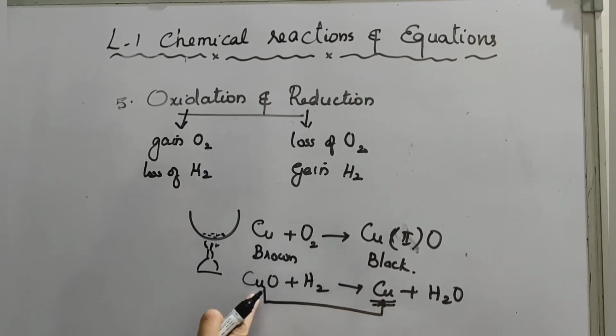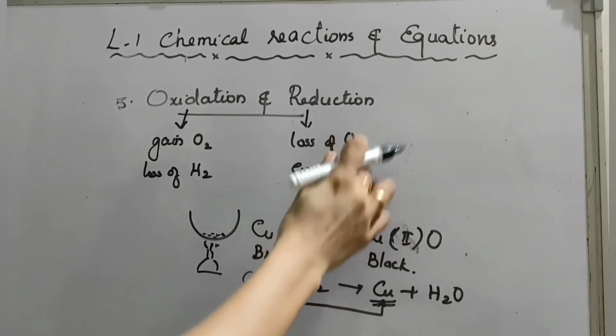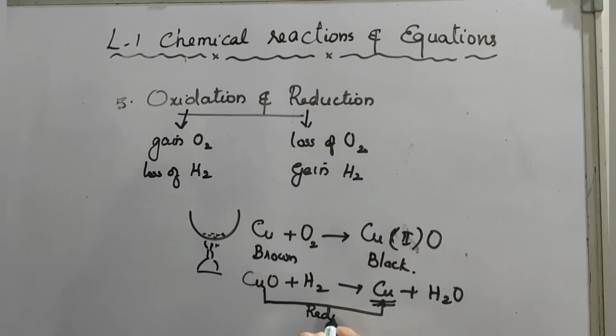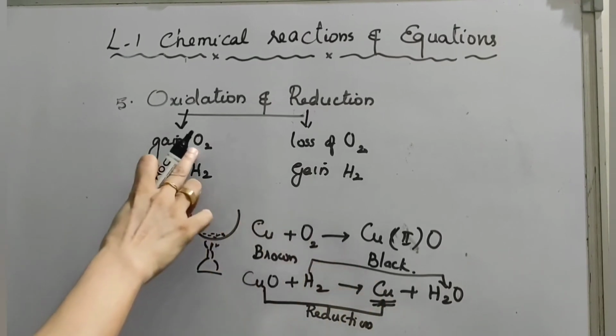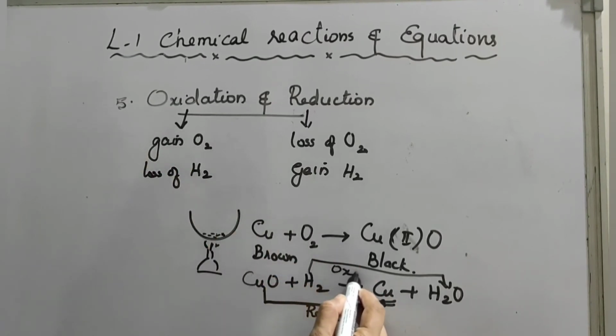That means from the reactant it loses the oxygen. So loss of oxygen is known as reduction. And in the case of hydrogen, hydrogen gained oxygen on the product side. So gaining of oxygen is known as oxidation.